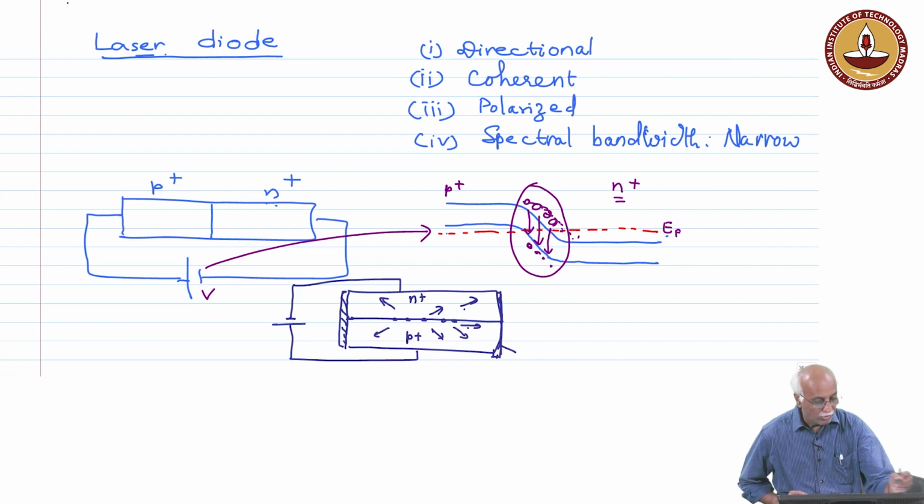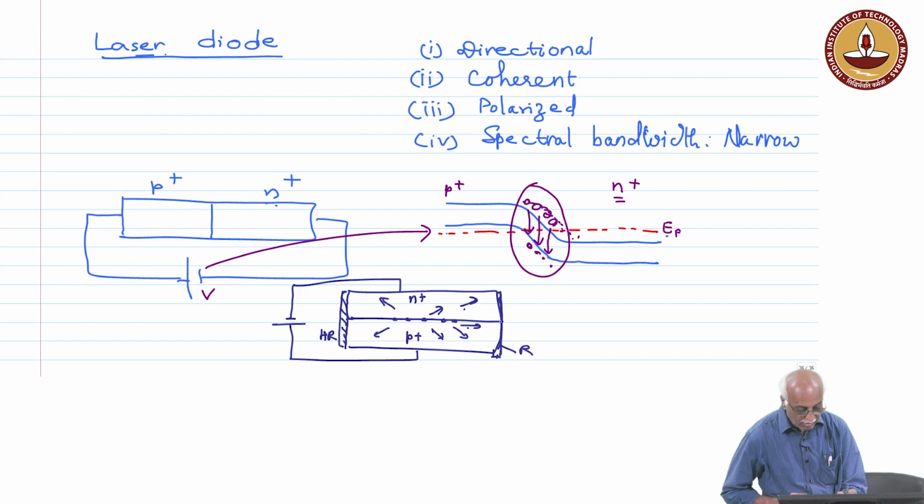So reflector, and over here it is a high reflector, almost nothing is transmitted, let us assume. Here some part is getting transmitted, what is generated can get transmitted, very small amount, but a large amount will get reflected as well. Over here a large amount is getting reflected.